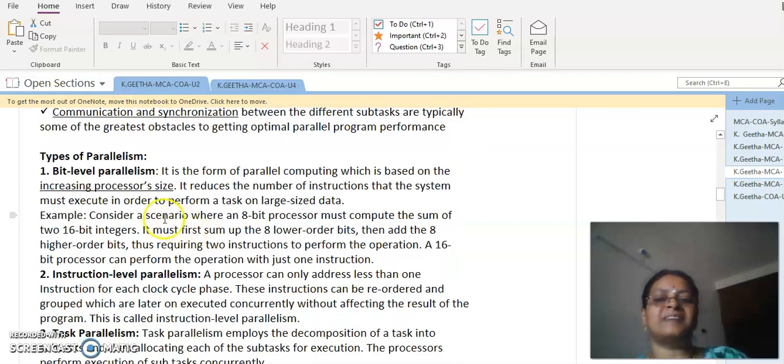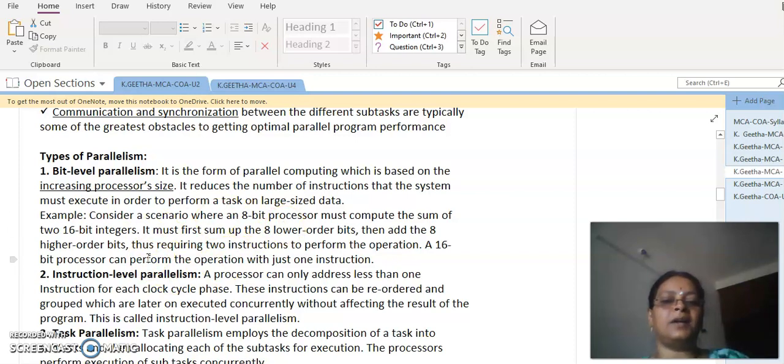For example, they have discussed a scenario where we make use of an 8-bit processor dedicated to computing the sum of two 16-bit integers. How can it be done? It will be able to handle only 8 bits at a time. So the given 16-bit data is split into two 8-bit parts, one lower order and another higher order.